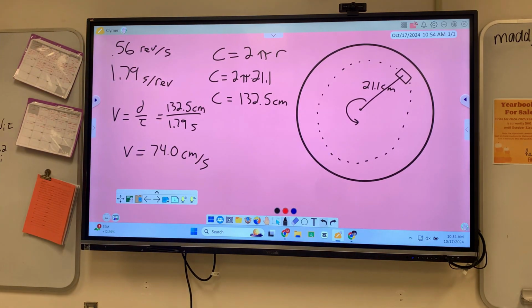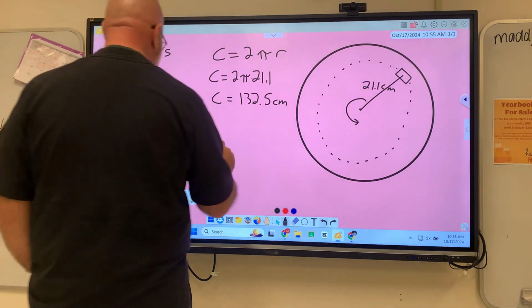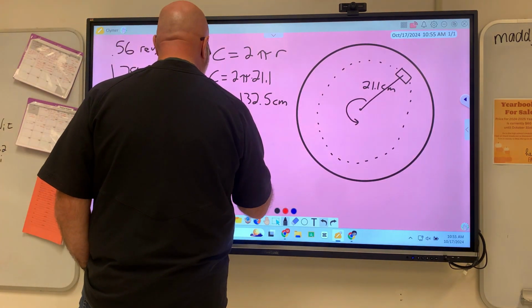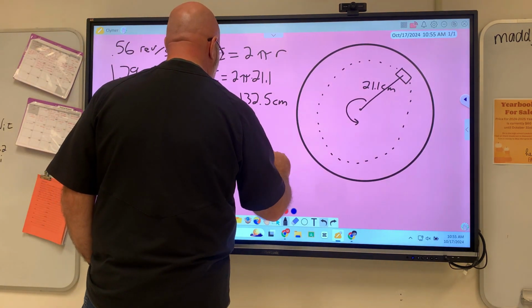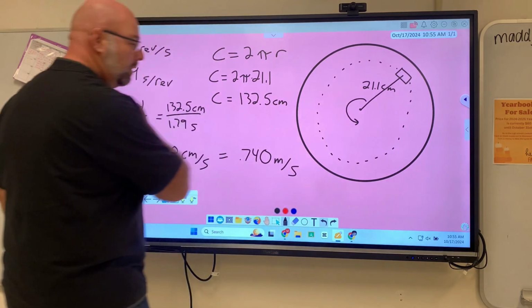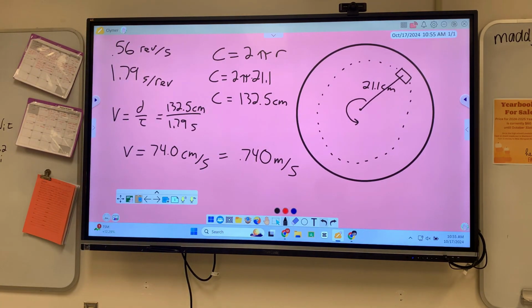Do we ever really use that? No. What should we convert this to? Meters per second. How do we do that? Divide by 100, right? We're at centimeters. We could do a T-chart for this, but I'm just going to divide by 100. Equals 0.740 meters per second is the velocity of our block.